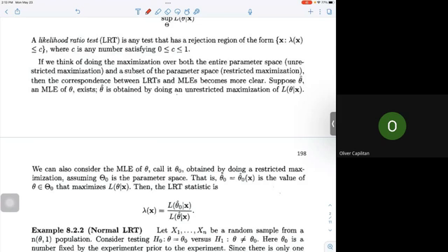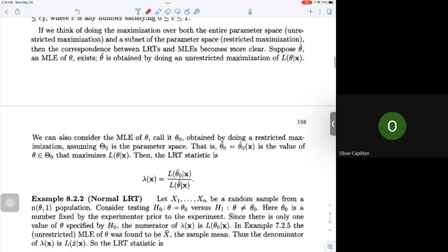We call it theta hat sub 0, and we obtain this by doing a restricted maximization over the null parameter space. So that is the theta hat sub 0. It is the value of our unknown parameter theta in our null parameter space that would maximize our likelihood function.